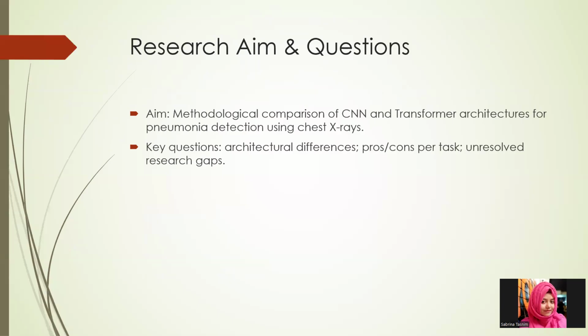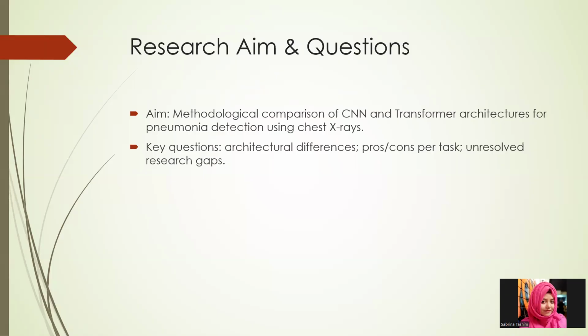The research aim and questions. The primary aim of this study is to conduct a methodological comparison between CNN and transformer architecture for pneumonia detection using chest X-ray images. The key research questions are: firstly, what are the architectural differences between CNN and transformer models?